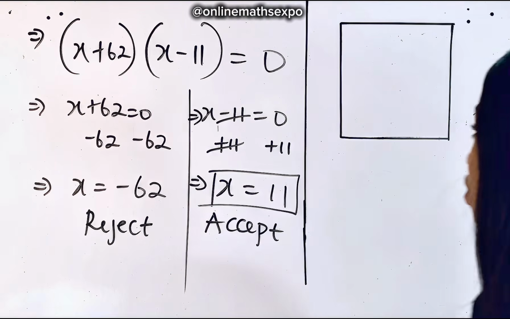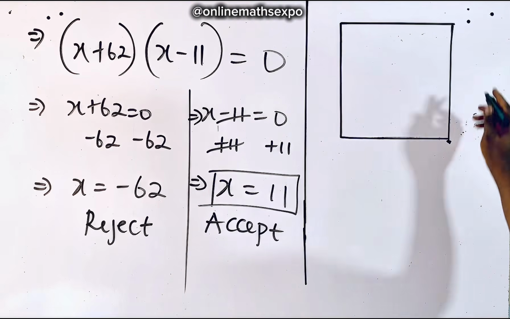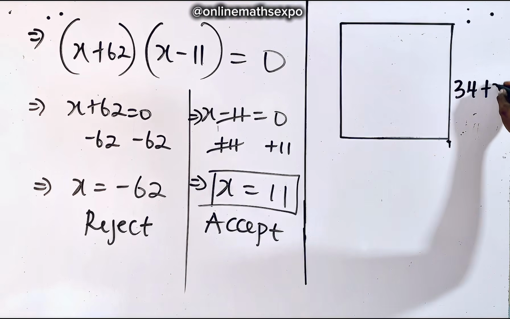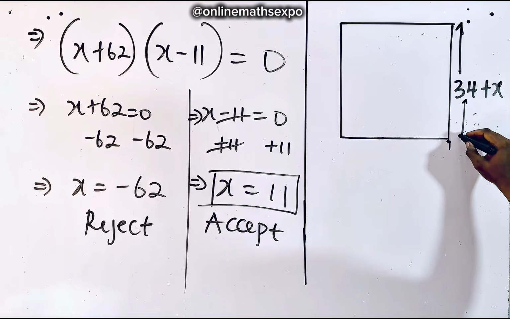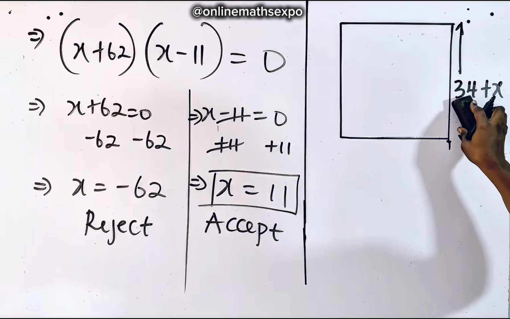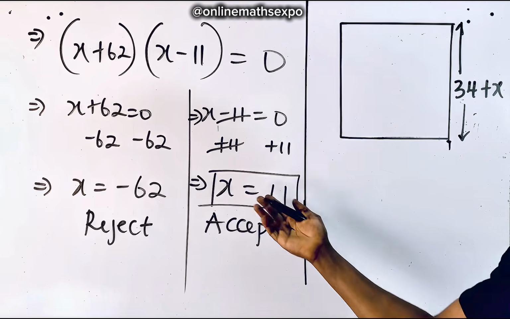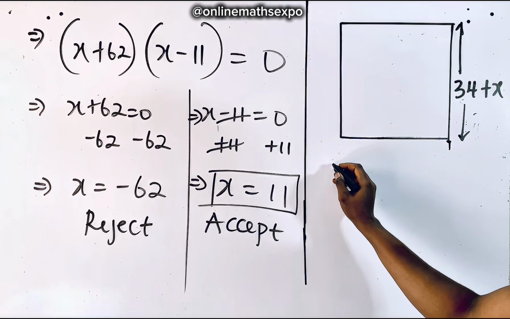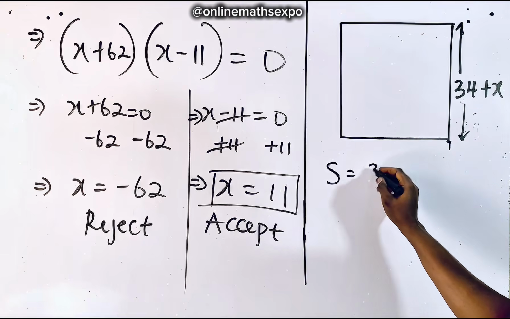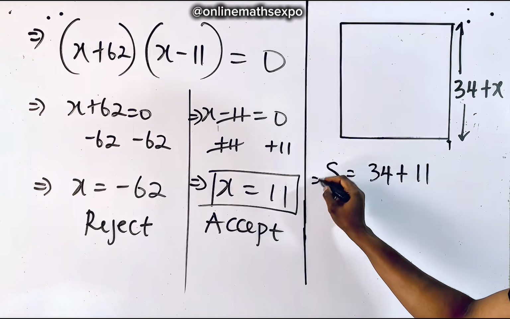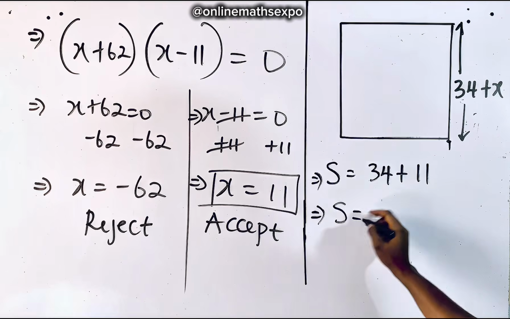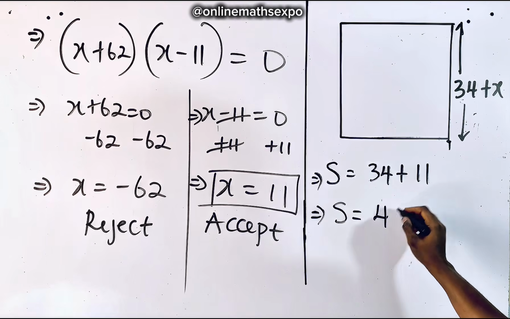Recall that for our square, the total length from here down to this measures 34 plus x. Now, since you have gotten x, the side will be 34 plus 11. And this will give us the side of the square, add this, it gives you 45.